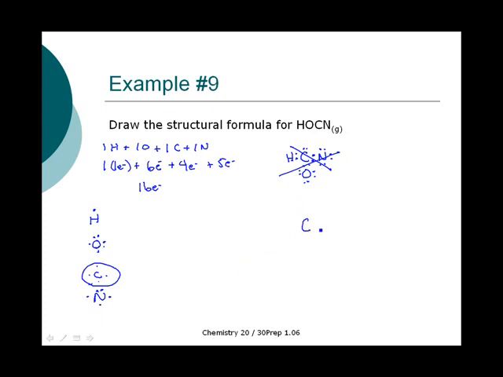We still want carbon to be our center, and we're going to bond nitrogen to one side and oxygen to the other. Oftentimes when H and O are in the same compound, they're bonded to each other. So I'm going to put the hydrogen onto that oxygen as a second center. Now we'll start filling in our bonds.